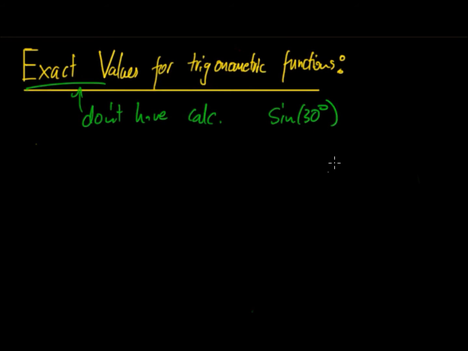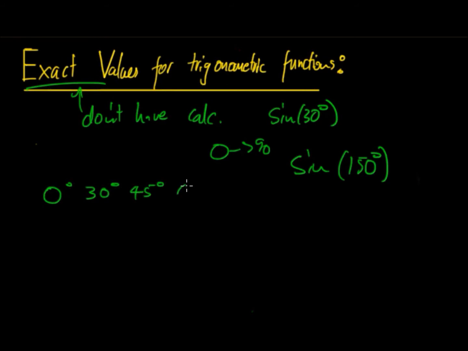Now due to symmetry properties, which we'll talk about later, you don't need to memorize all of them up to, let's say, sine 150 degrees, because once you know the main ones between 0 to 90, you can use symmetry properties to work out the others, which will make more sense when we go through it. But the ones you do need to know are 0 degrees, 30 degrees, 45 degrees, 60 degrees, and 90 degrees.